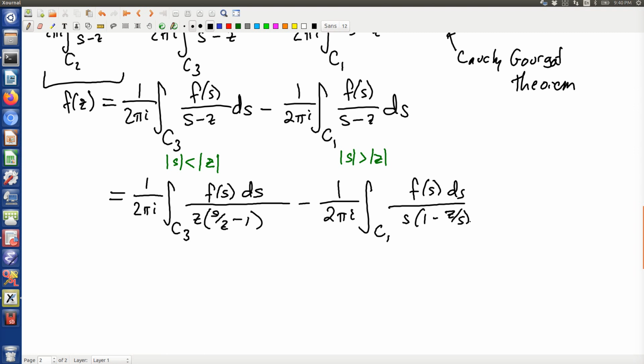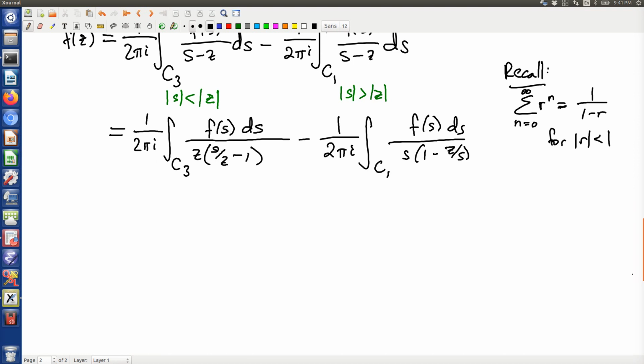Now, of course, recall the geometric series formula: the sum of r to the n equals 1 over 1 minus r for absolute value of r less than 1. So you will notice in particular that it's a 1 minus r kind of thing. We don't have that in the first series. Fine, but we can just pull a minus sign out. So let's do that. You will notice that I get a minus 1 over 2 pi i. Both of these have that minus 1 over 2 pi i.